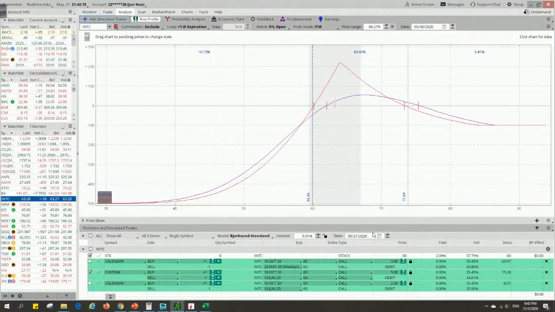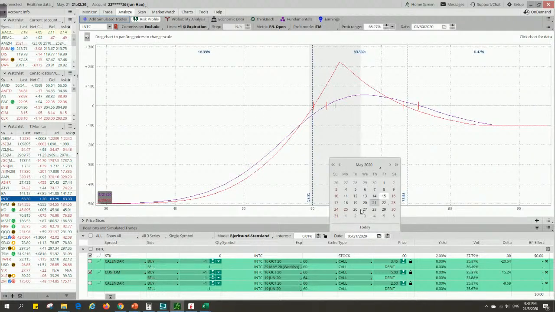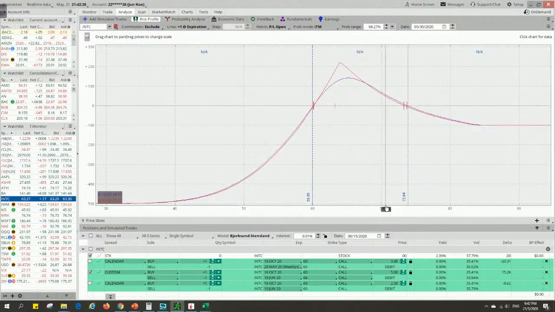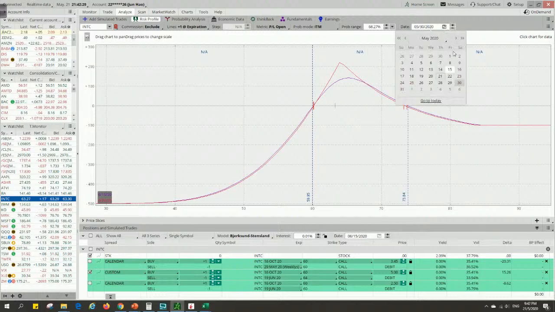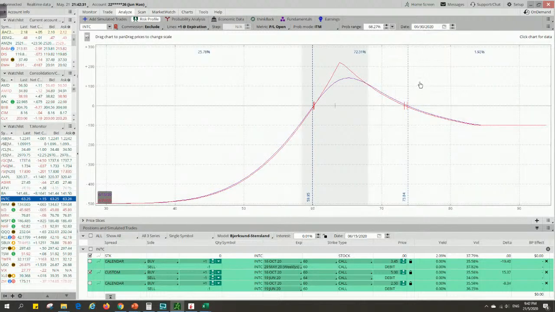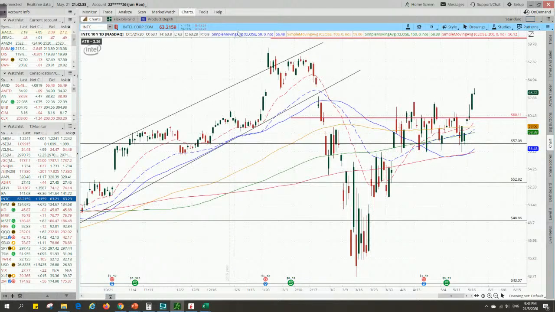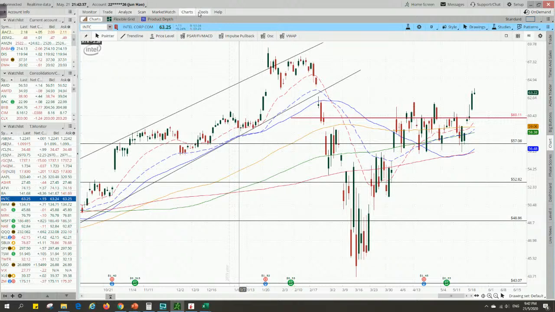All right, so let's say it visits that level in June, let's say the last week of June. And what will happen? That price is around maybe $56.